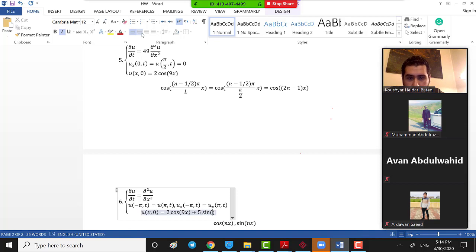It has to be in the form of sine of nx and cosine of nx. So 2 times cosine of 9x plus 5 times sine of 3x. Very good.